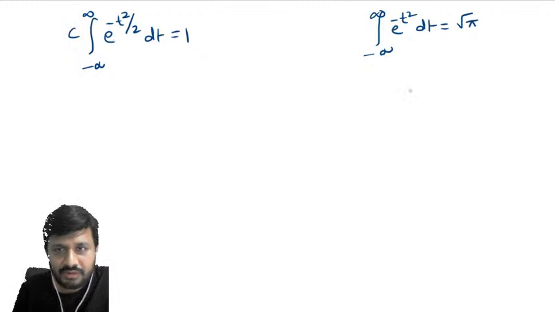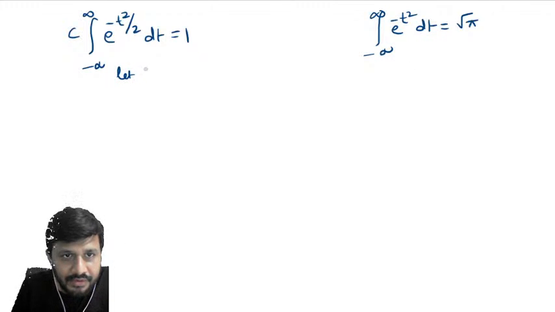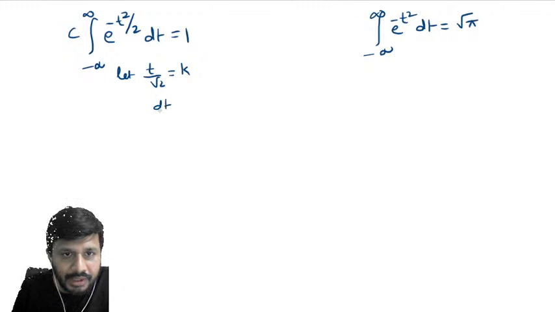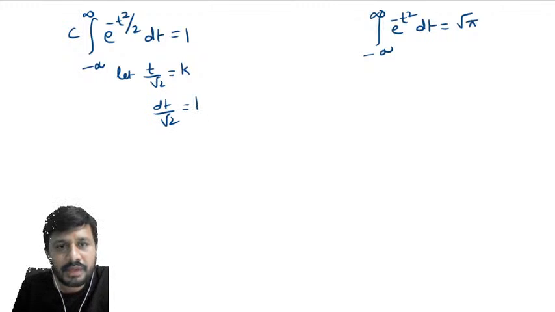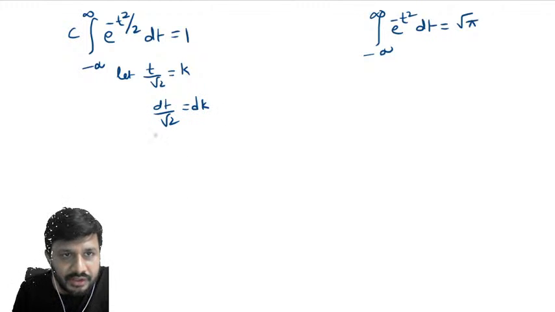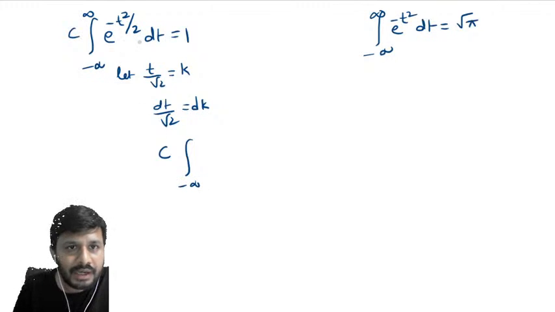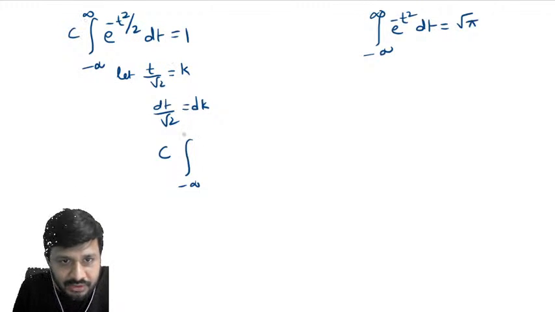Now in this integral, let t by root 2 be equal to k. So dt by root 2 is simply dk. Here, the lower limit of t is minus infinity, so the lower limit of k is also minus infinity, and the upper limit of t is infinity, so the upper limit of k is also infinity.